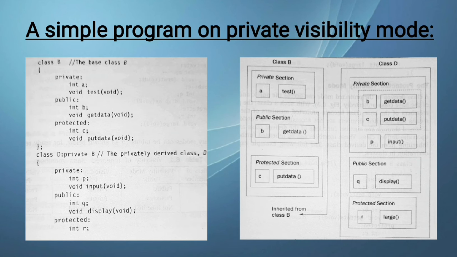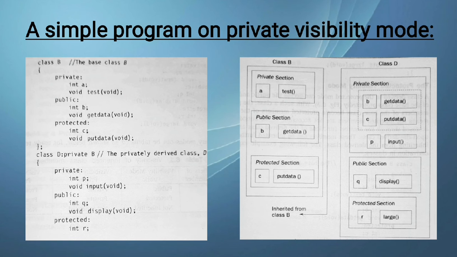So these private members cannot be inherited by the lower derived classes, that is, below class D. If suppose there is a class E, then B and C and P, where P belongs to the class D, all these three private members cannot be accessed at all.